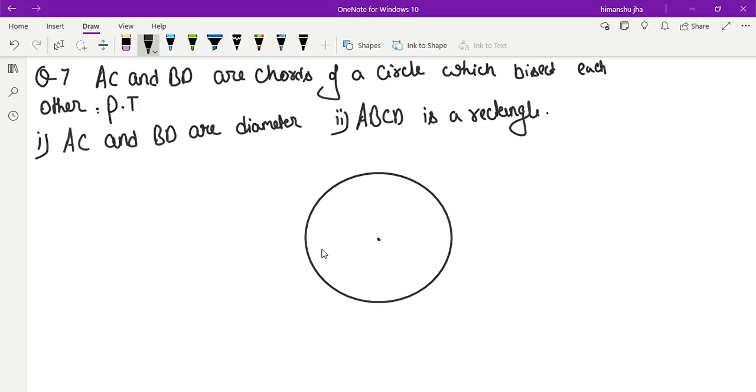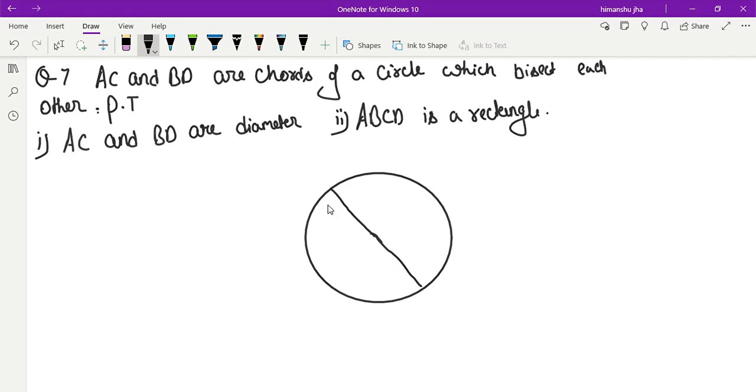Now if two chords are intersecting and bisect each other, then this part is equal and this part is equal. So we are assuming that these two bisect each other. Bisecting is possible only if the chords are diameters. So let's say O is the center.